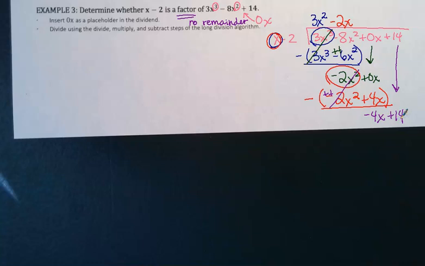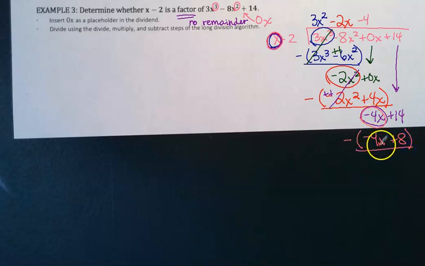Now, what do I need to multiply x by to get negative 4x? I'm going to change my colors. So x times negative 4 gets me negative 4x. Negative 4 times negative 2 is a positive 8. Remember, I'm subtracting these.